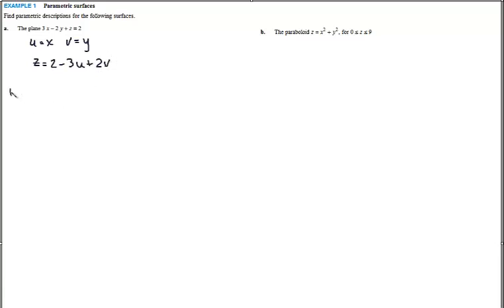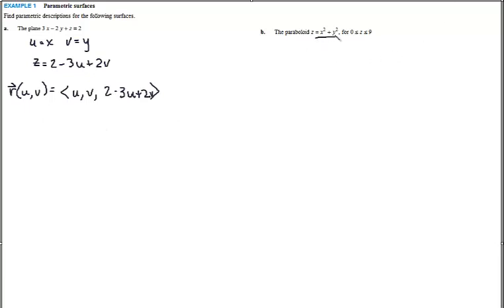In terms of parameters u and v, my r would be the vector u, v, and then 2 minus 3u plus 2v, where u and v range from negative infinity to positive infinity.